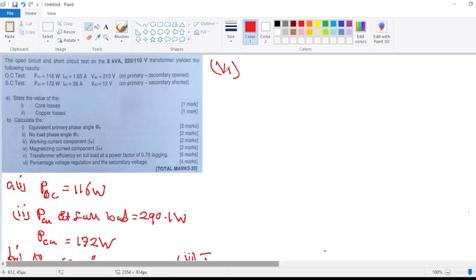We can use the voltage drop on the primary due to the series impedance. If you draw the circuit, once the calculations are done, you have the resistance here.